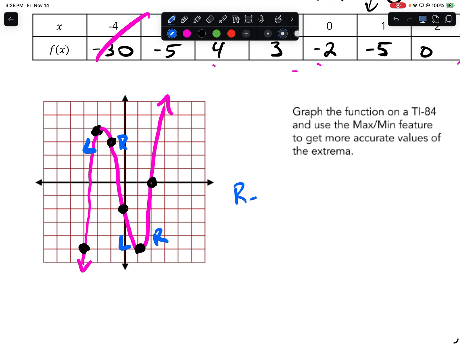So we're going to get the relative max, and we're going to get the relative min. When there's one of each, it becomes relative. If there are two maximum, one's the absolute because it's the highest one, and the other one's relative.